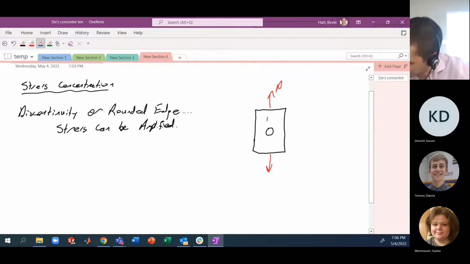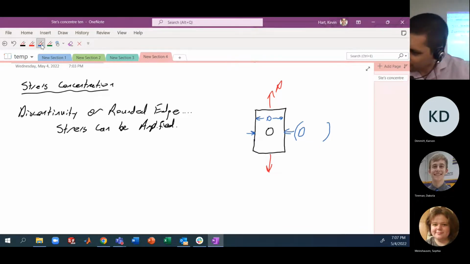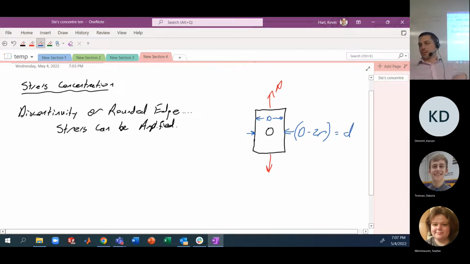We typically label the full width with a capital D, and this dimension here would be capital D minus 2R, where R is the radius of the hole. Sometimes we call this dimension little d, all right?